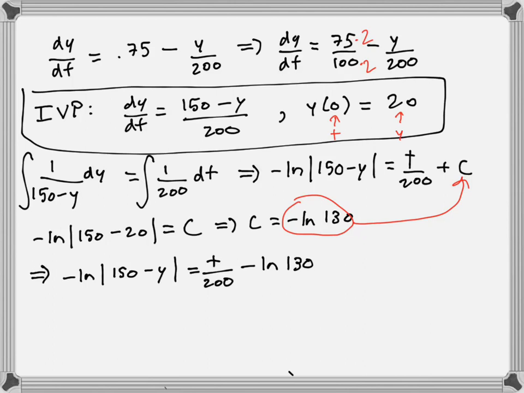So what do I do from here? From here, I just have to get y by itself, and then I can figure out how much salt is in the tank after 30 minutes, right?